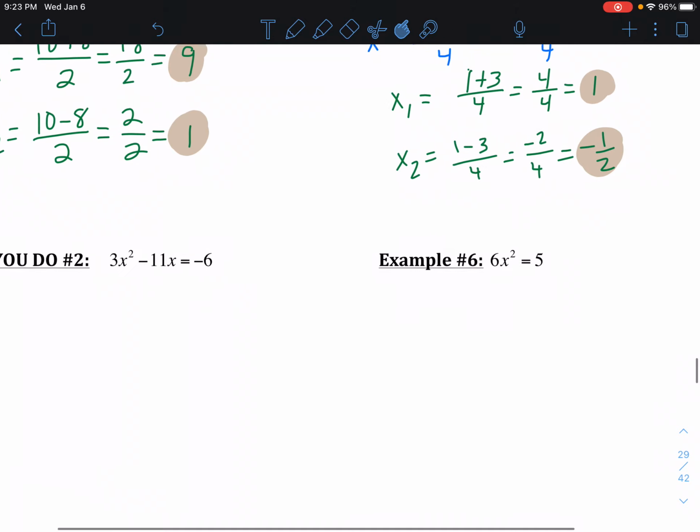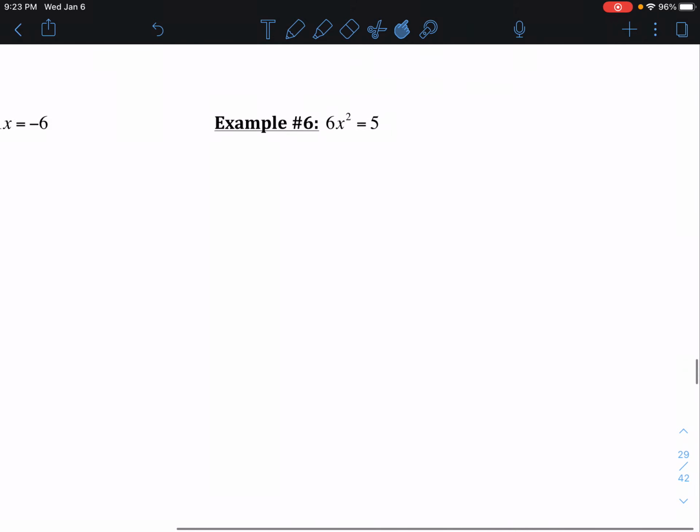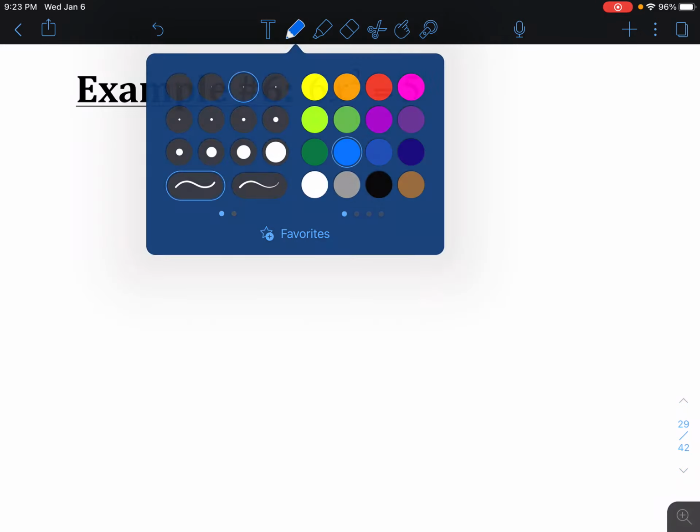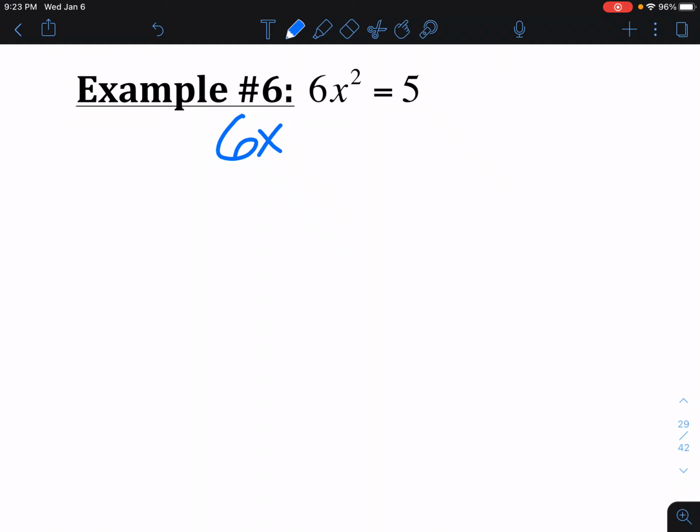Okay, don't worry about the "you do" too. Let's go to example 6. Definitely looks a little odd here. Well, first thing to worry about is we need it set equal to 0. All right, so we subtracted 5 to set it equal to 0, but we only have two terms. So what's A, what's B, what's C?